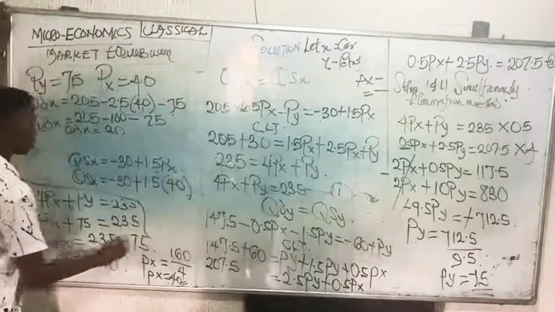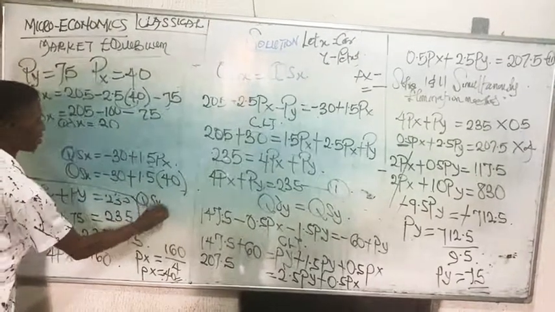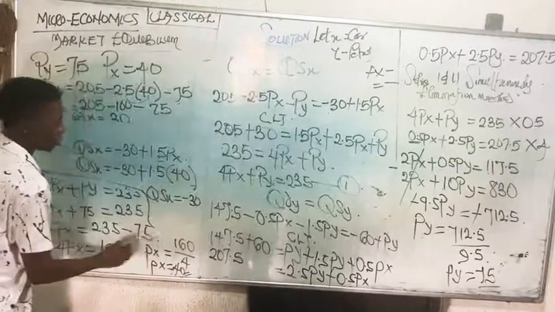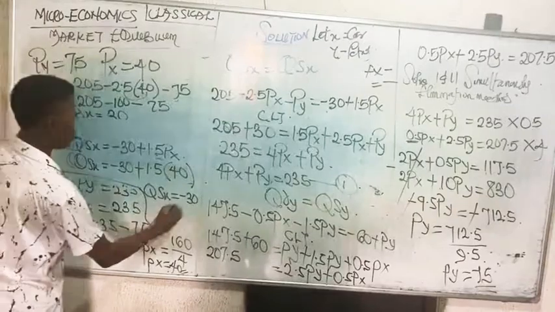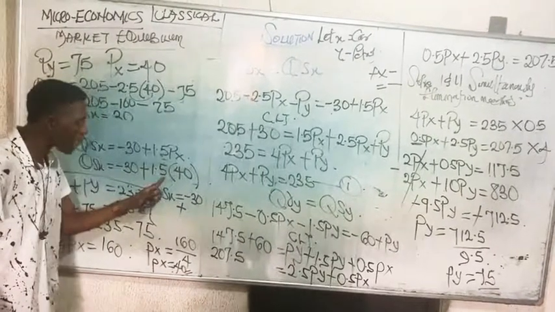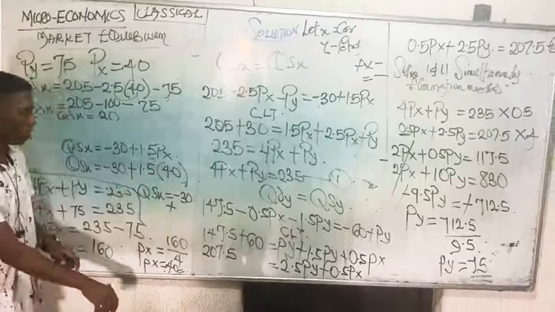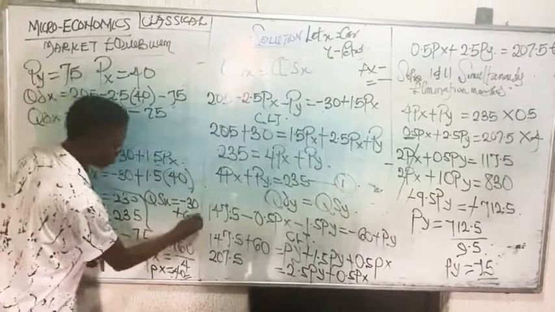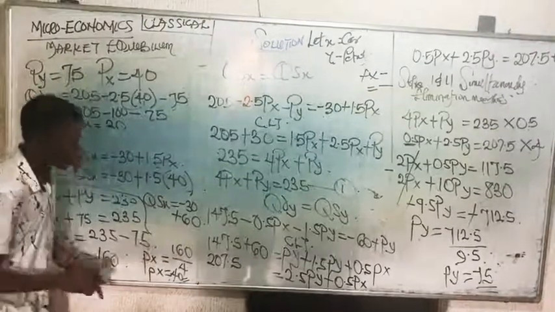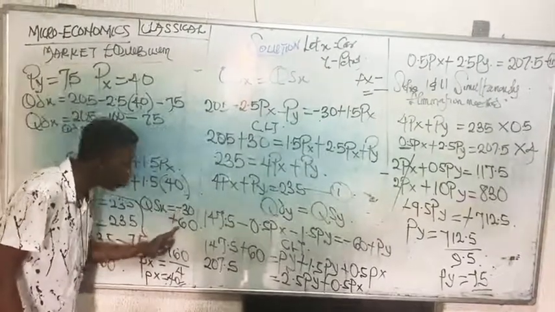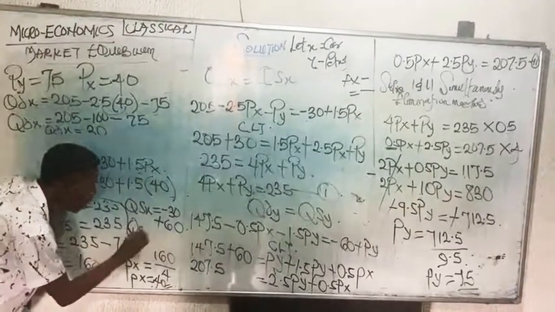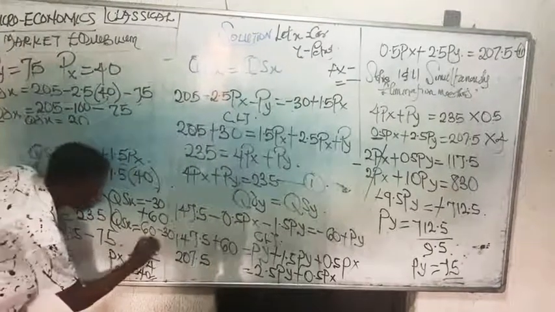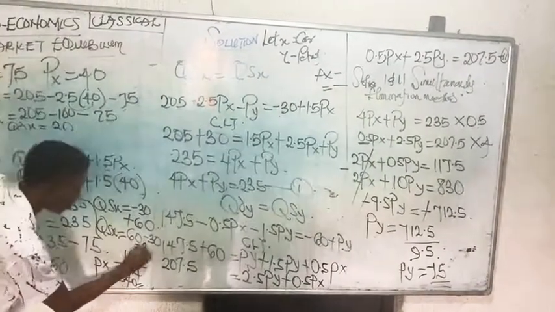Therefore QXX equals minus 30 plus 1.5 times 40. 1.5 times 40 gives us 60. So minus 30 plus 60 gives 60 minus 30, and my final answer is 30.